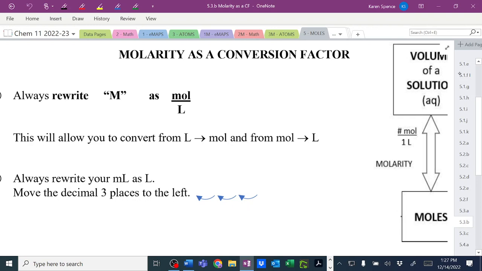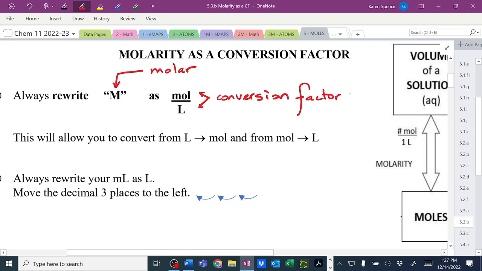Okay? So we're always going to rewrite capital M when it's given in the question. What is that? How would we pronounce that? Molar. We're always going to rewrite the molar as moles per liter because then it works as a conversion factor.